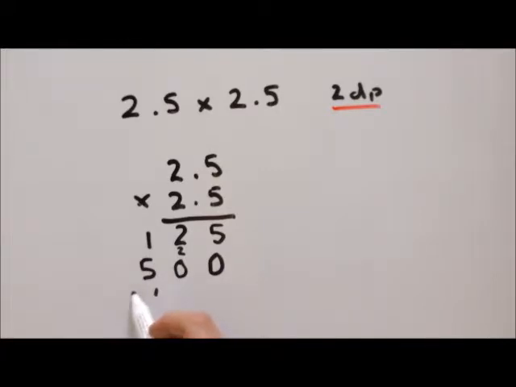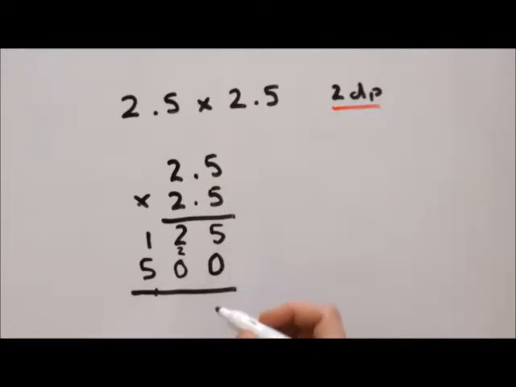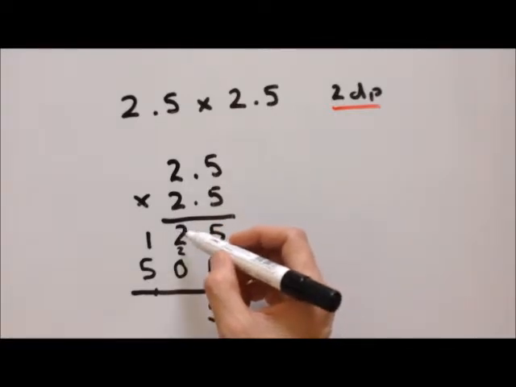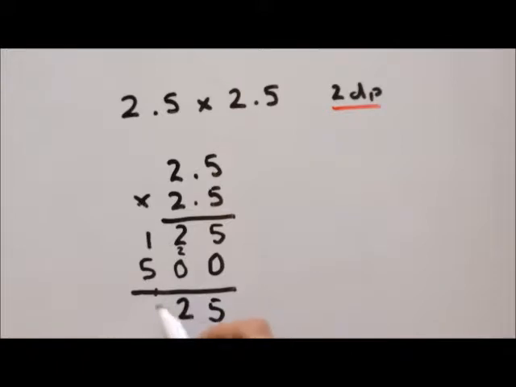And then we put our line across and we add these up. 5 plus 0, 2 plus 0 is 2, 5 plus 1 is 6.